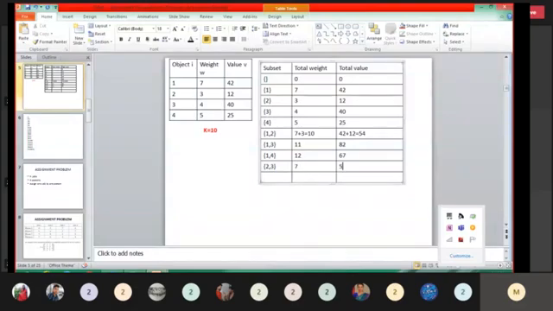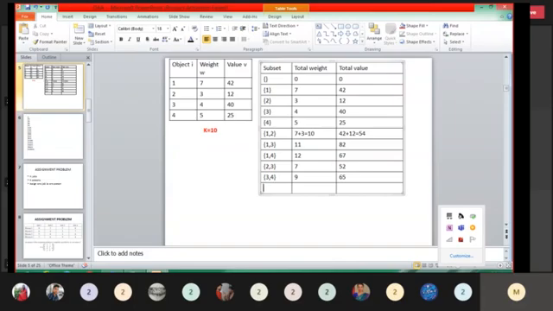Next is 3, 4. What about 3, 4? 9 and 65. Next possible subset is 4, 2. 4, 3 is there, 4, 2 is not there.